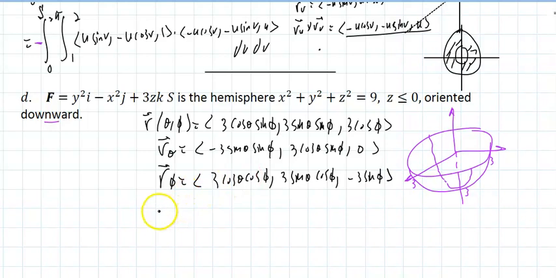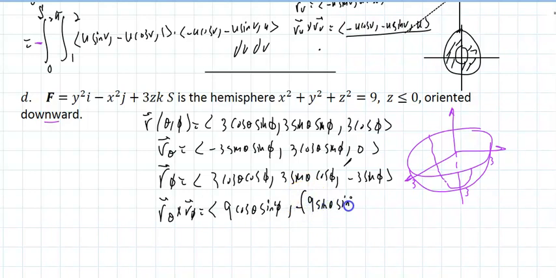And you know the drill. We're going to take r sub theta crossed with r sub phi, and that's no fun. That is the i component. That will be 9 the cosine of theta sine squared of phi minus 0. So that's good news. Negative, the middle, that's going to be 9 the sine of theta sine squared of phi minus 0. Okay, very good. Got it.